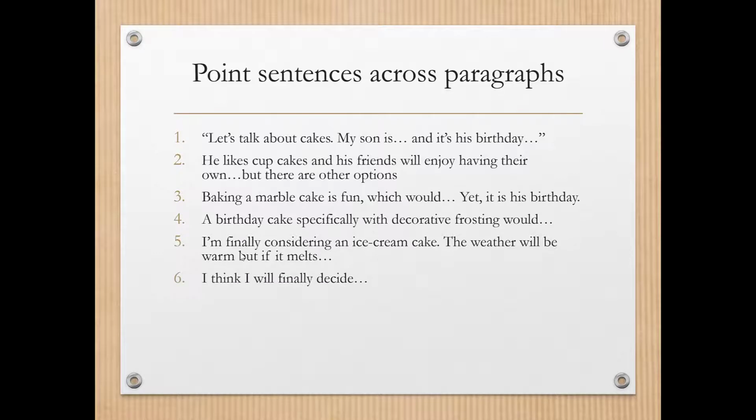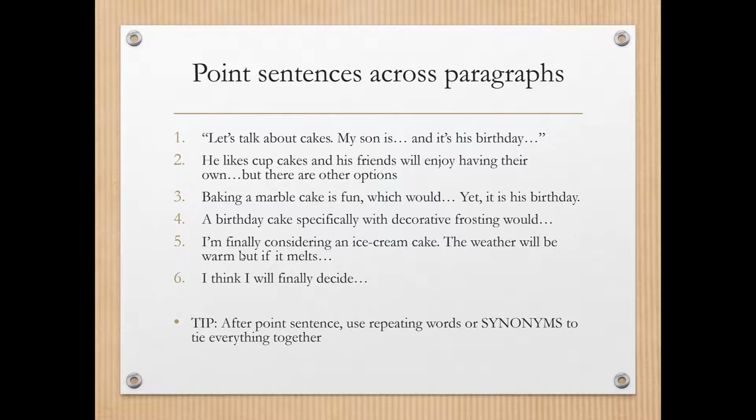Ultimately, what we are perhaps expecting as readers is to have some final decision that would be made, and perhaps that would show up in the 6th paragraph. So the theme here is the cakes, and we'll find that that thematic string of cakes follows through all of these paragraphs, and it leads us to a conclusion that my friend would finally make a decision on what cake to use.